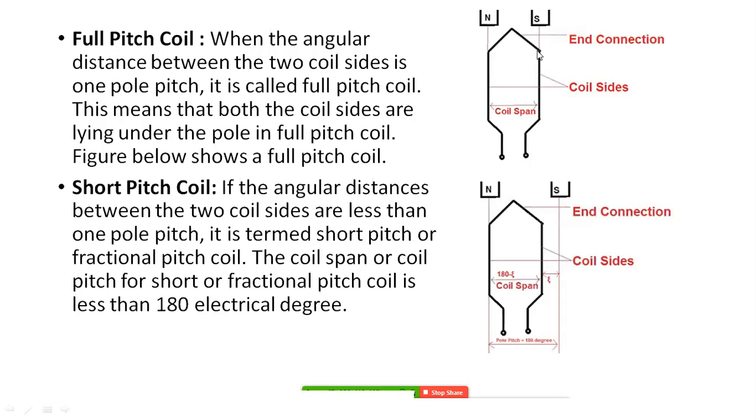Just try to follow the cursor. That is north pole and south pole, and the distance is known as one pole pitch. If the angular distance between the two sides of the coil is one pole pitch, that is known as a full pitch coil.